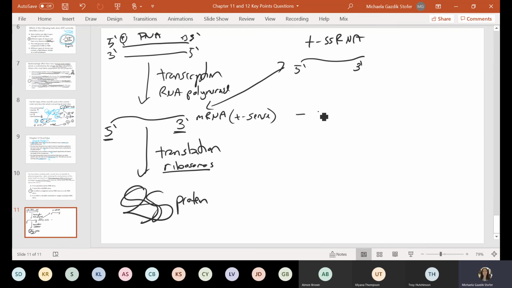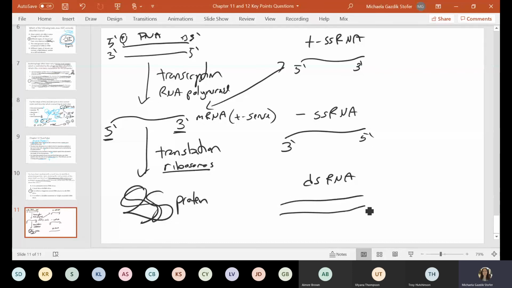Negative sense single-stranded RNA genomes go in the opposite direction. So that's 3' to 5'. And then your double-stranded RNA genomes are similar to your DNA in that they are anti-parallel. But what you want to notice is that neither one of these structures exist over here in the normal central dogma, which means when your negative sense or your double-stranded RNA get into the cell, the cell has no idea what to do with them.